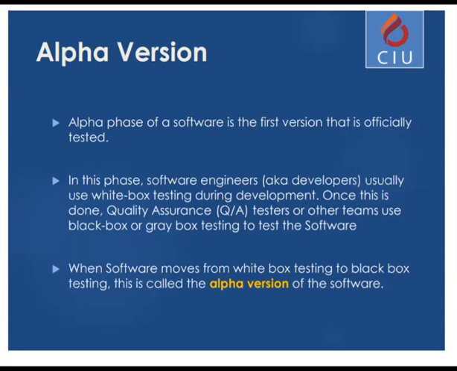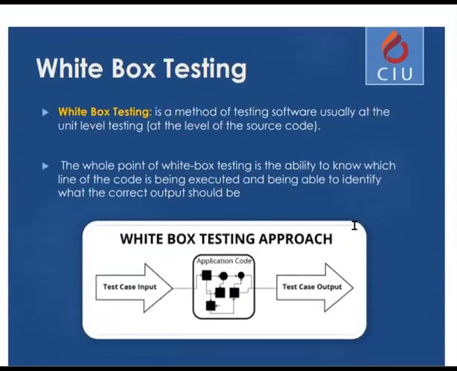You did maybe a very brief white box testing during the development, and you are now showing it to the quality assurance people or other teams, so that those people can use black box to test the software. So this is how white box testing works.